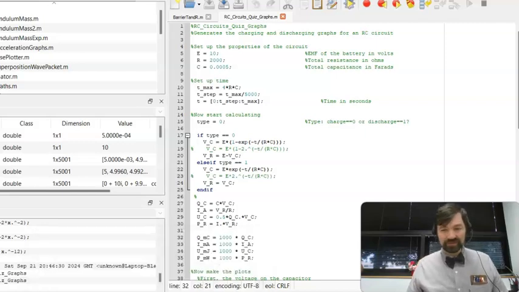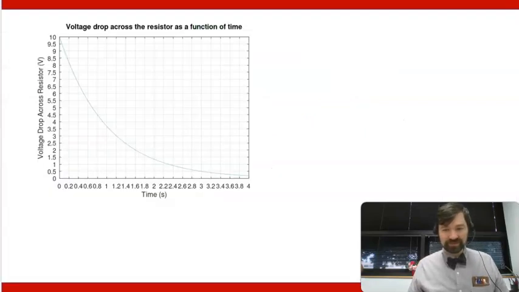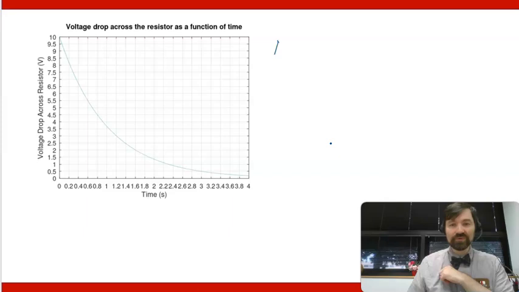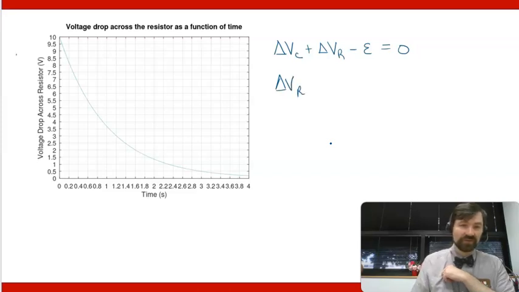Okay, so we're getting a little bit of the parameters out of this by necessity. Why does this one do this? Because recall that our loop rule says delta VC plus delta VR minus epsilon is 0. And so that means that delta VR, which is what's being plotted over here, must be epsilon minus delta VC.